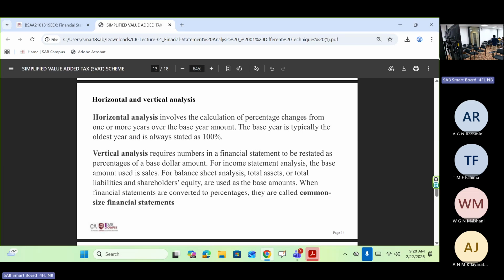Calculate the current ratio and compare with last year and another 10 years' time, it's a horizontal analysis. First, you need to understand that horizontal means this way, vertical means this way.